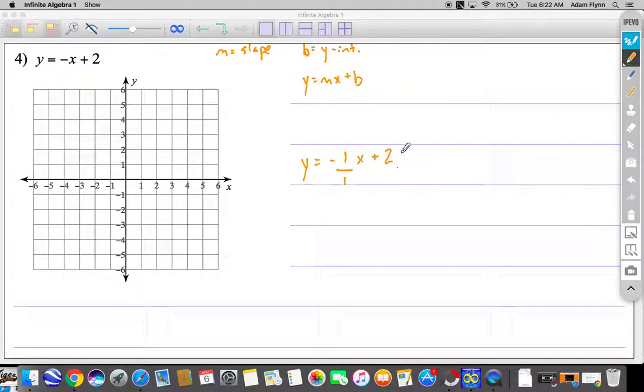So I'm going to start this line at plus 2 on the y-axis. And now for my slope, I'll go down 1 and to the right 1. We could also go up 1 and to the left 1.